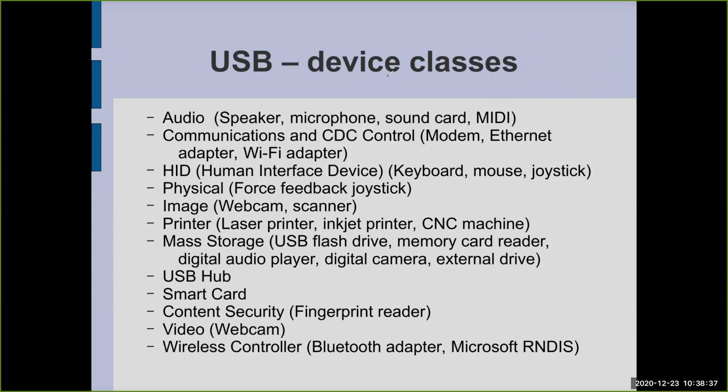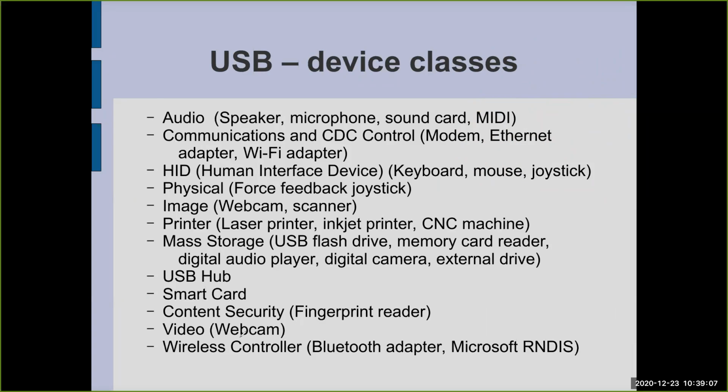Having a USB device, every device which is connected to USB has to be classified into one of these classes. So it can be recognized as an audio device, a communication device, a human interface device, a physical image printer, a mass storage device, a USB hub, a smart card, and so on.